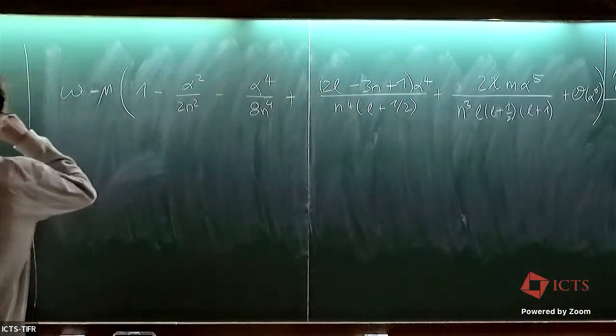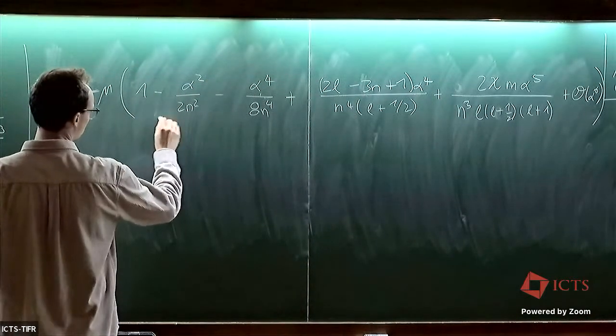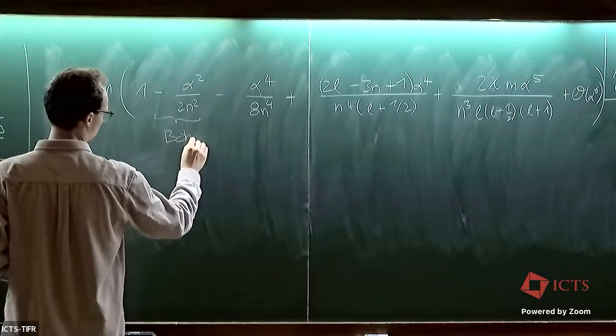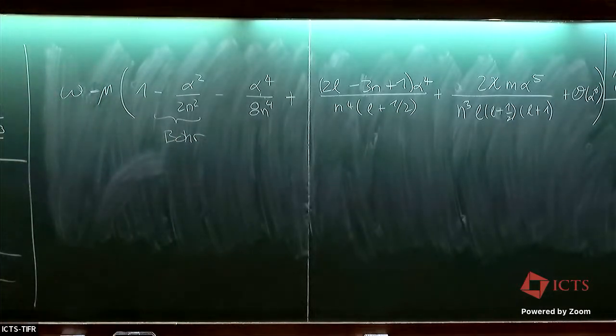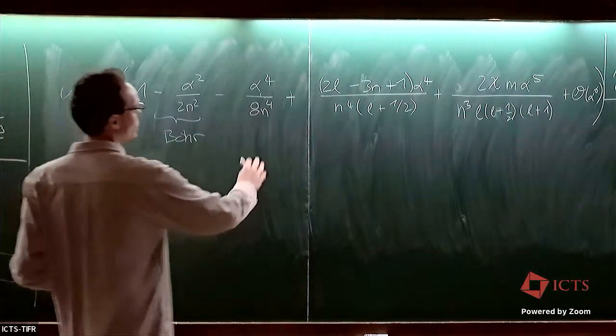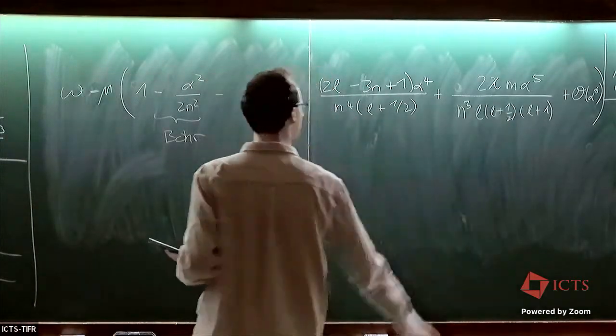Okay, so this is the Bohr spectrum that we already found, and all the other terms are higher orders in alpha.